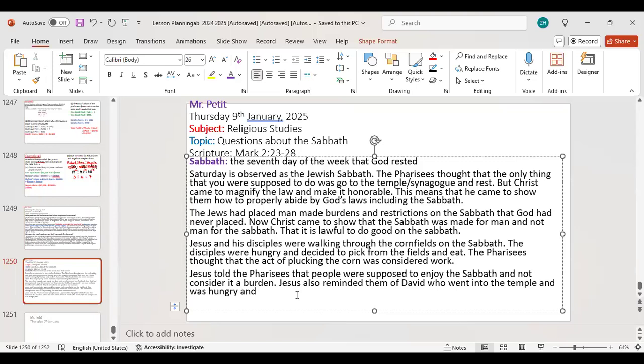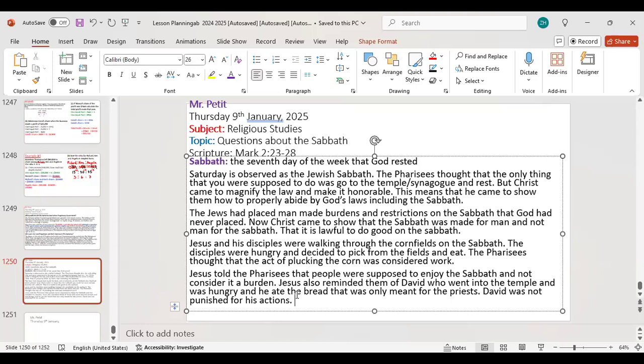And he went to the temple and was hungry, and he ate the bread that was only meant for the priests. David was not punished for his actions, right?